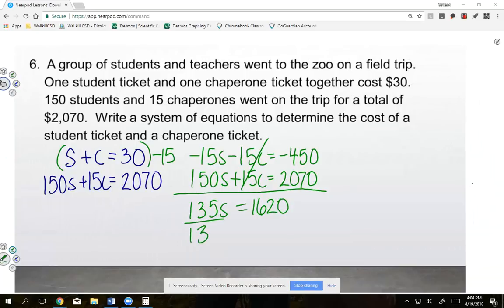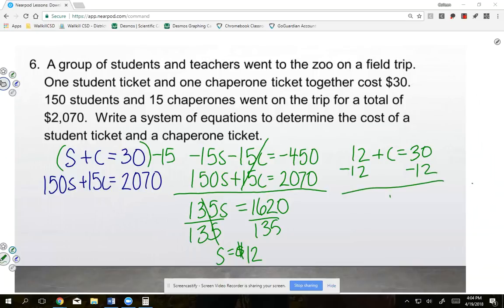Divide by 135, divide by 135, and now we know student tickets cost $12 each. Plug that back into our first equation. 12 plus C equals 30. Subtract the 12. And we found that chaperone tickets cost $18 each.